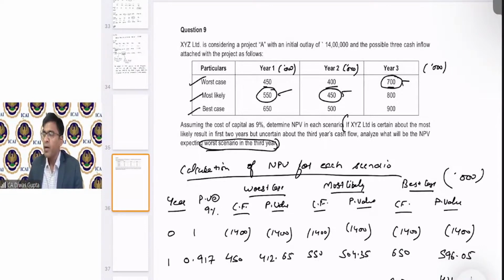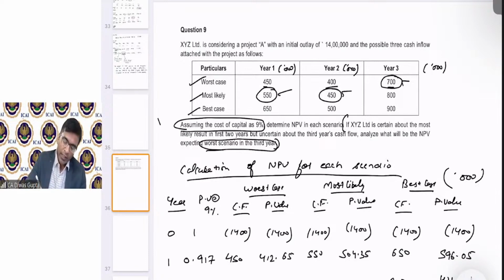No, no, no, Manisha, we can't do that. See, first of all, in the question it has been given to us that there is a cost of capital at 9%. So this cost of capital is already including the risk. Further, worst case, most likely, and best case, all these three also include the risk.